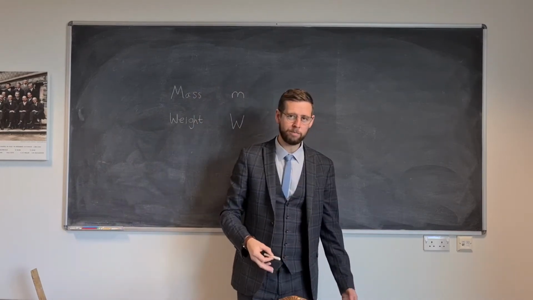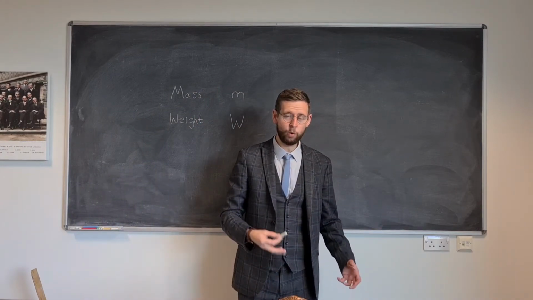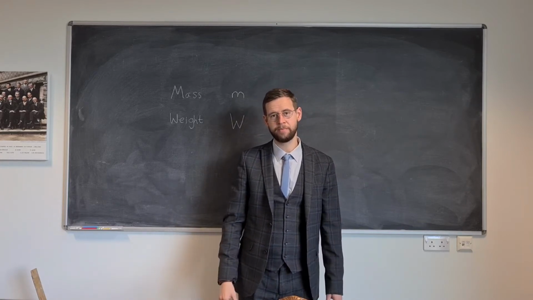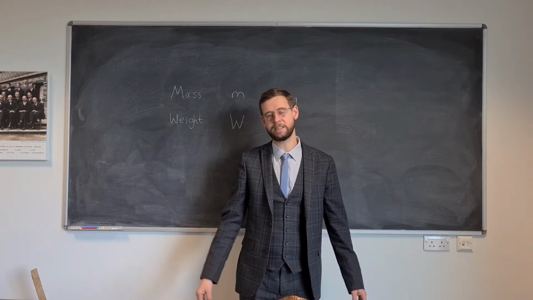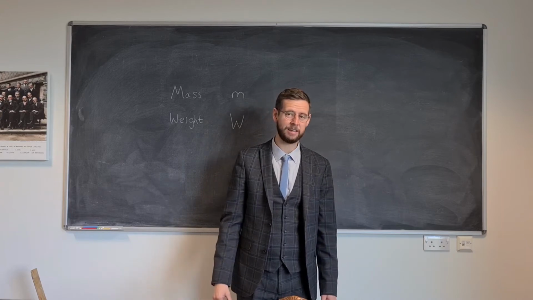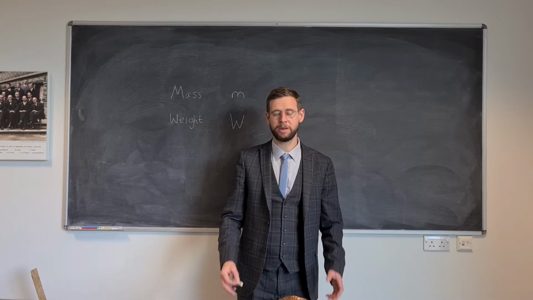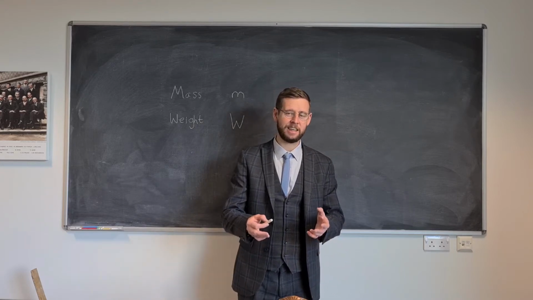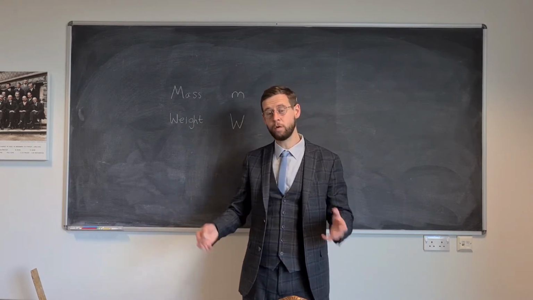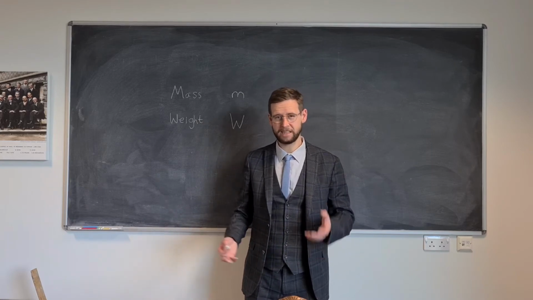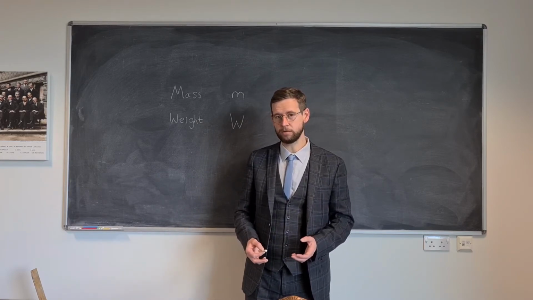If I have more mass, there's more there to form an attraction with the Earth. And so therefore the force that exists between them is going to be higher. More mass, more weight. And so what you can see is that there's got to be some sort of formula that links these two together. More mass, more weight, it must be directly proportional.